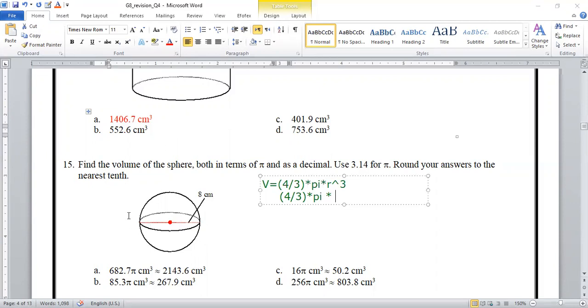We know that the radius is half the diameter, so radius equals 4, and r cubed means 4 times 4 times 4. Times 4/3 equals 85.3 pi.